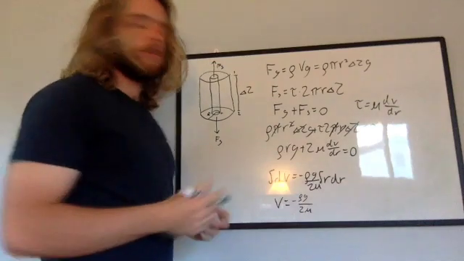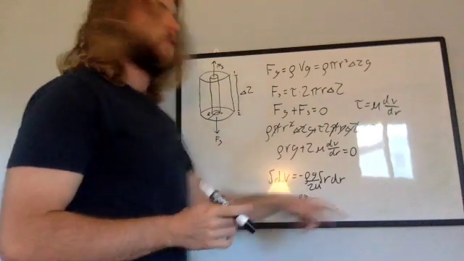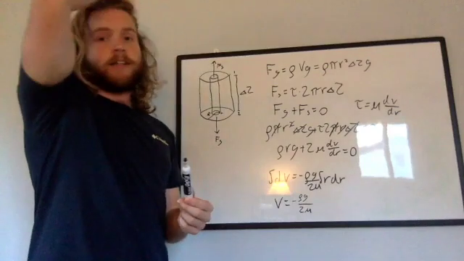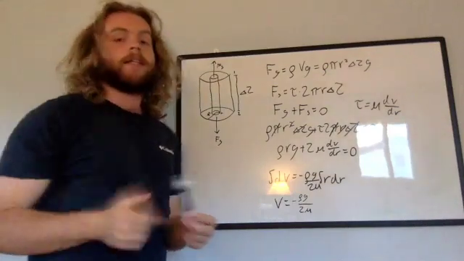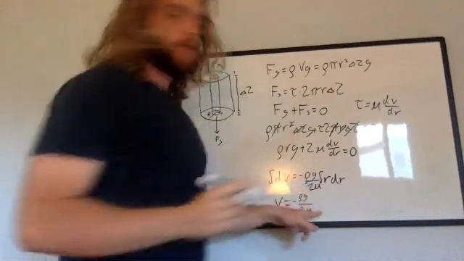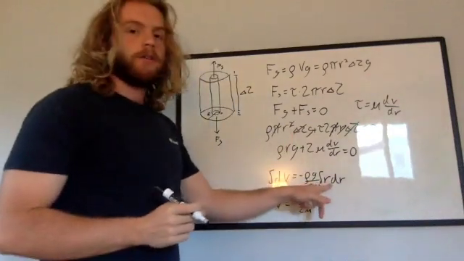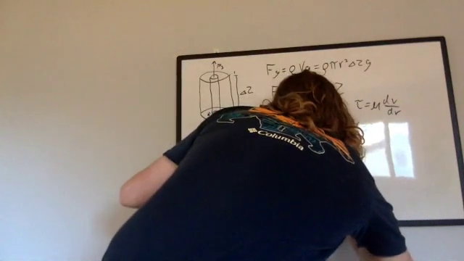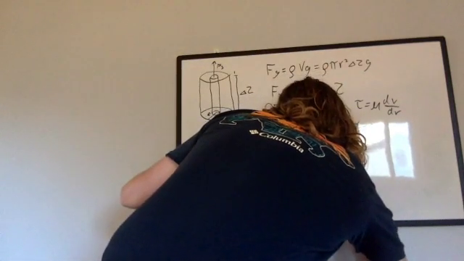And then this is also going to have a plus c at the end because it's an indefinite integral. So we are going to need a constant of integration, which we are going to solve for later. So we'll go r squared over 2 plus c.